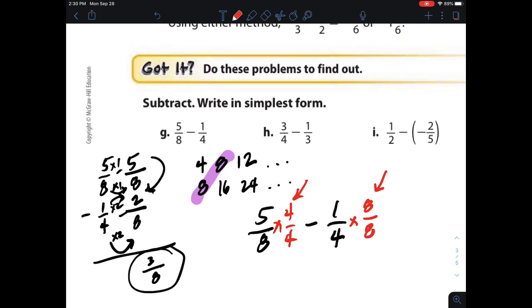And if you remember the identity property of multiplication, it simply states that if you multiply a number by 1, the number will not change. So basically what I'm doing, I'm not changing the number, it still remains the same. The fraction still remains the same. I am just renaming the fraction. That's the reason why this works, because we're multiplying it by 1 and we're not really changing the fraction.